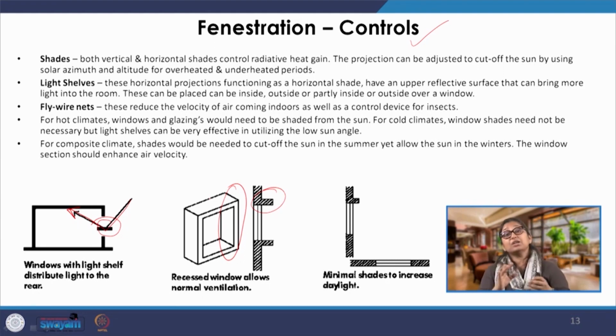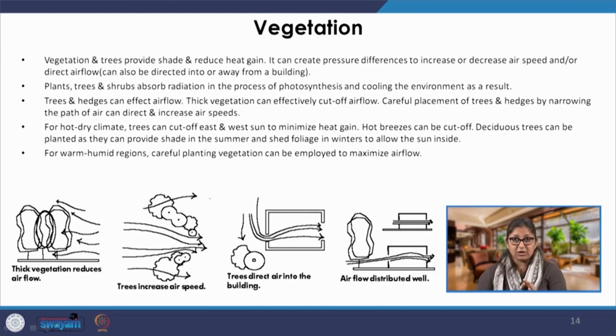So, these are the controls of fenestration. Even when we are providing a window in a certain orientation, we may control the amount of sun that is going to come through the window. We can limit the times at which it comes, we can limit the amount in which it comes using these shading controls.